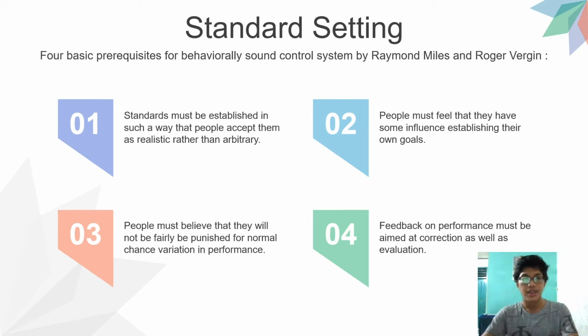The third one, people must believe that they will not be unfairly punished for normal chance variation in performance. And the last one, the feedback on performance must be aimed at correction as well as evaluation.